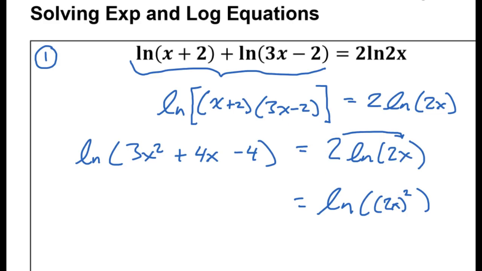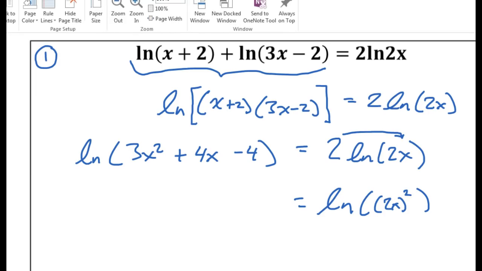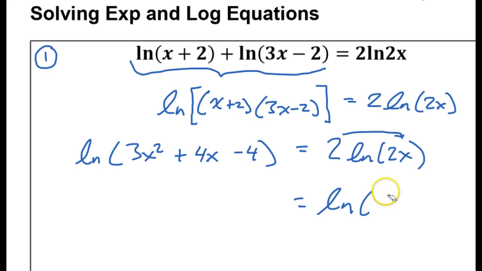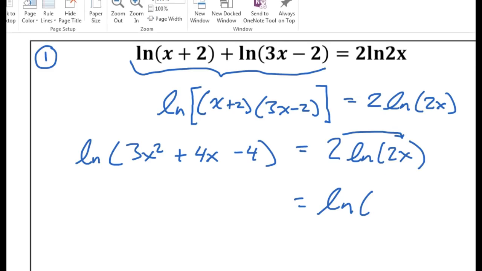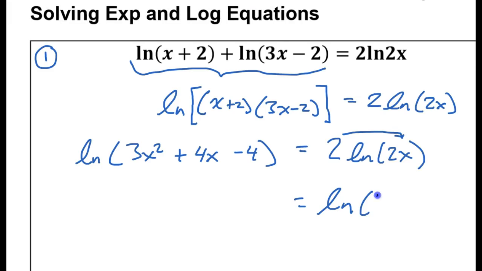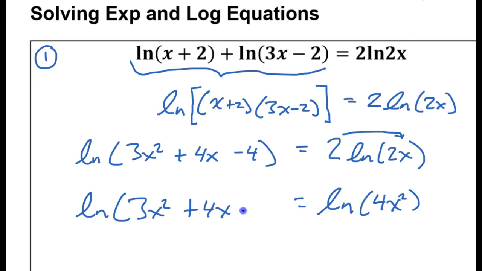So really what I'm going to have is the natural log of 4x squared, not 2x squared. Okay, so this is going to become the natural log of 4x squared plus 4x minus 4. Now that we have natural log on both sides, we can set the arguments equal to each other.